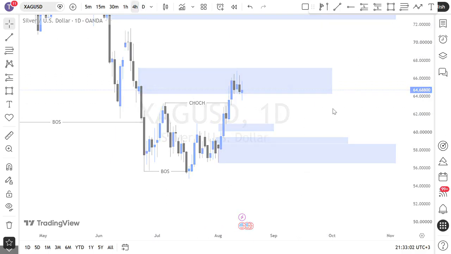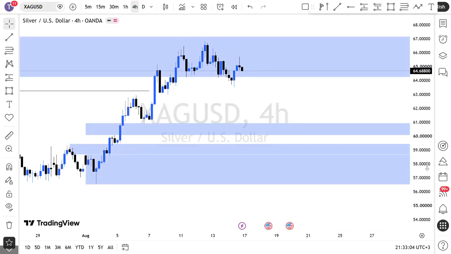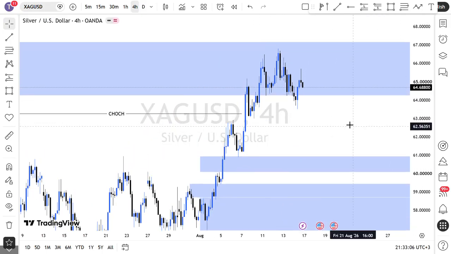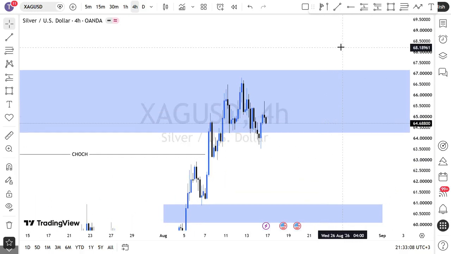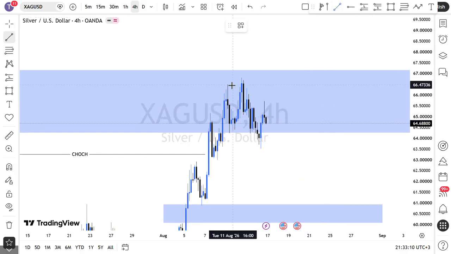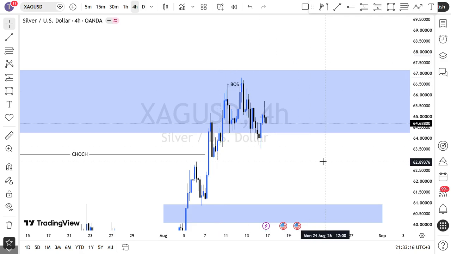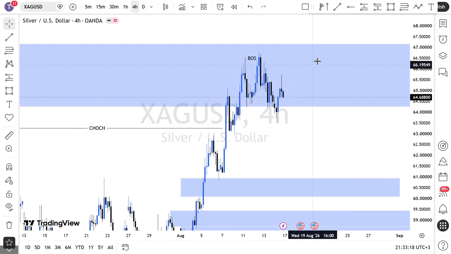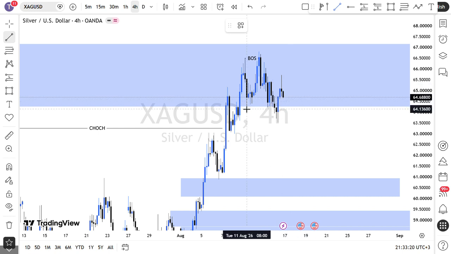So if I drop into the 4-hour time frame, currently we see price is reacting from that point of interest, and we had this as our last break of structure that is happening inside that point of interest. And then we have this low that formed that break of structure being taken out. Therefore, we have a change of character to the downside.